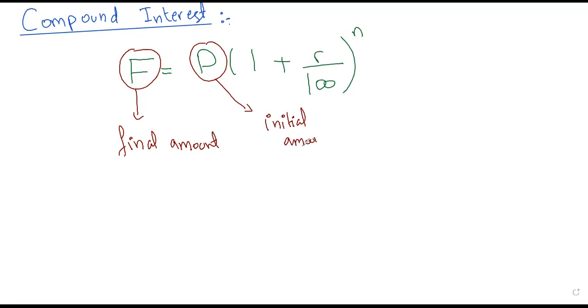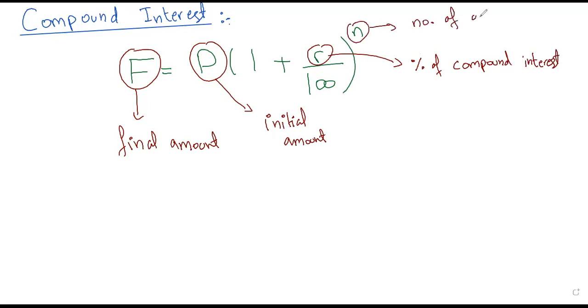We also call it principal amount, but obviously it would be very complicated at your level. So just know P is because of that principal word, okay? But it is basically the initial amount. R is the percentage of compound interest, and N is the number of years.